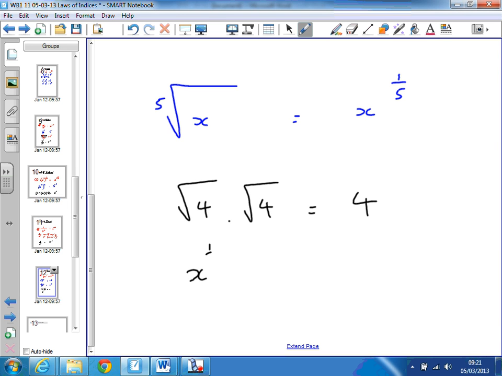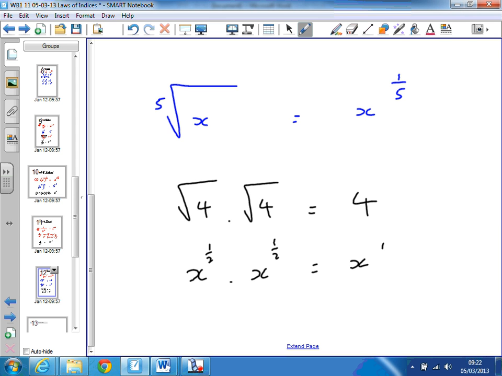X to the half is a number. We don't know what that number is, but if I multiply it by itself, what must the answer be? Well, x, in this example 4, but x. If you think about the first law of indices, what does it say?